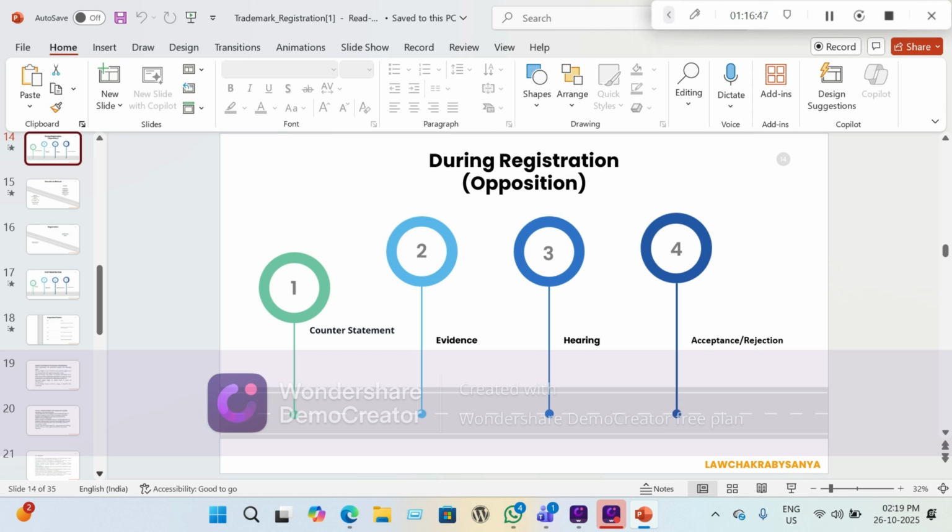So during registration, people, big firms and lawyers conduct an activity called trademark watch. That is something I would also recommend you do after your mark is registered. What they do is go through all the journals and see if there is any mark similar to their client's mark, which has already been registered in different classes.